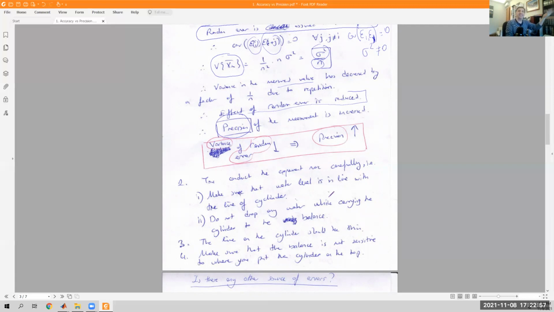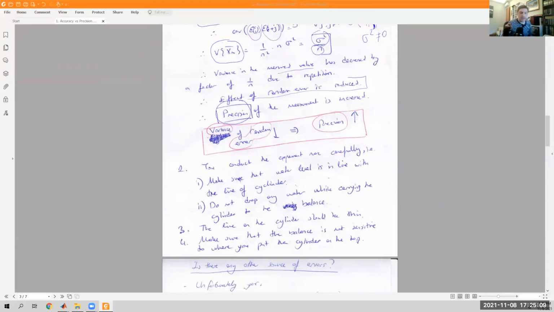For instance, if this experiment is conducted by a different person each day, it's going to cause additional variance, because each person is going to have a different eye view, a different amount of carefulness or carelessness carried into the experiment, and therefore into the measurement results.